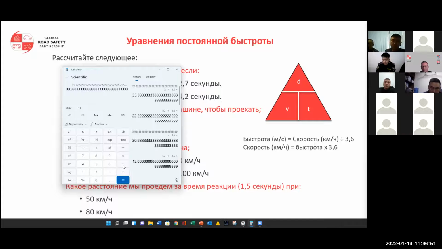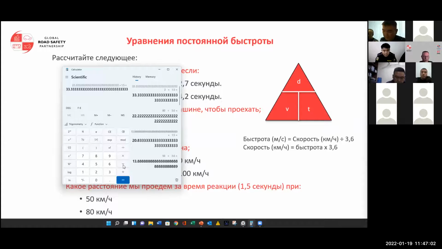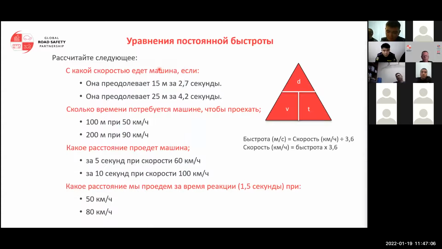So at 80 kilometers per hour, during your perception reaction time, you will travel 33.3 meters before you even initiate what you've decided to do. So it can have a big impact on the opportunity you as a driver have to avoid a hazard.